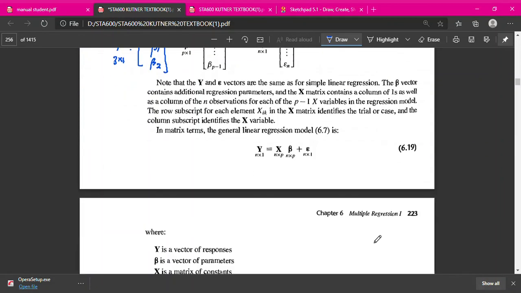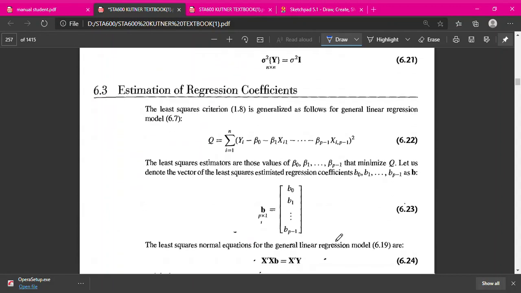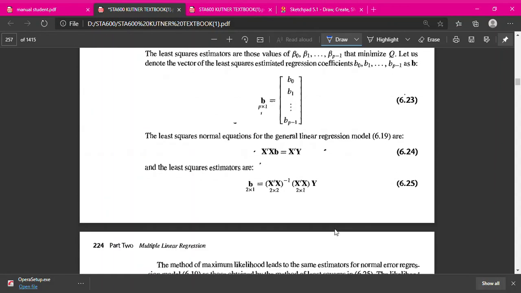As before, we can express the linear regression model in matrix form: matrix Y equals matrix X multiplied by matrix of parameters beta plus epsilon. So using the matrix approach, we want to find beta, because our regression equation will be like this.